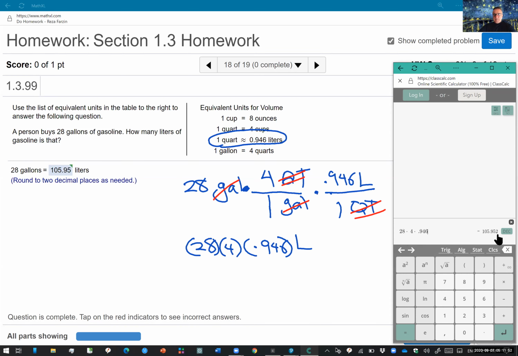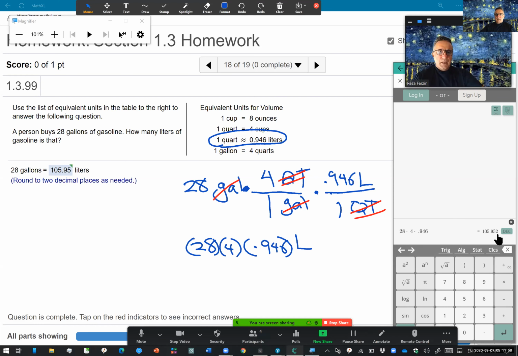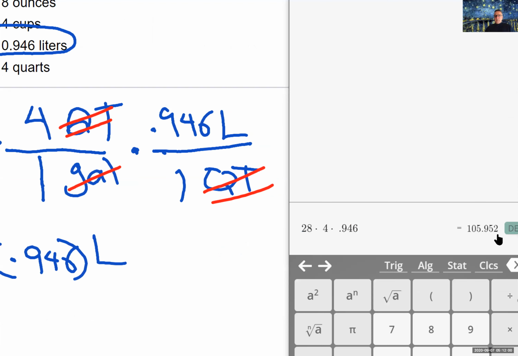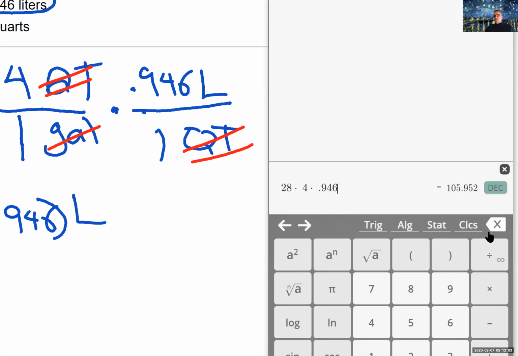So when you have, let me make this larger. Actually, there it is, okay? So when you have 105.952, right, and you're rounding to 2 decimal places, that means you have to look at the third one. Now, if the third one is 5 or more, you would have rounded up, right?